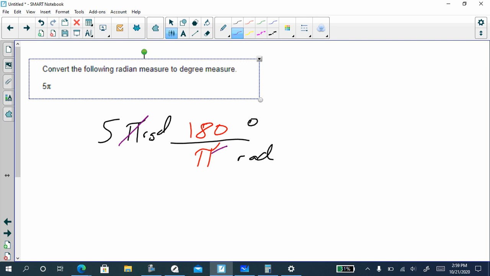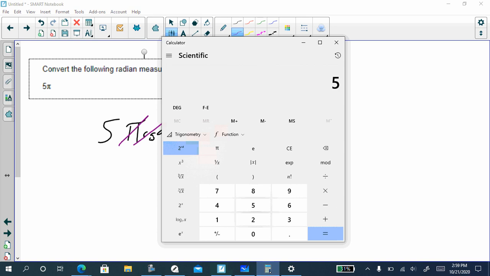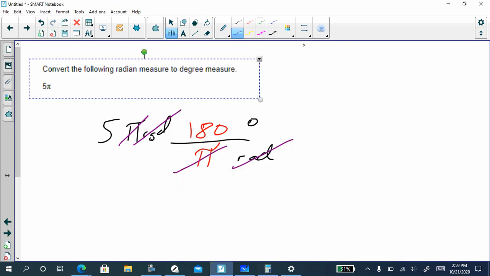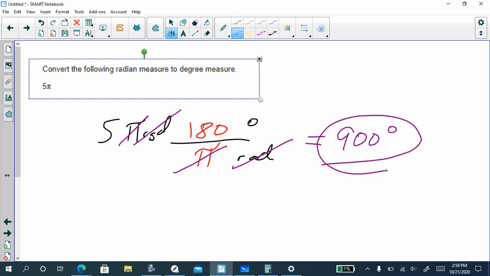Notice the pi's cancel and the radians cancel. So we're left with 5 times 180, and the units will be degrees. So that would be 900 degrees. So just using the relationship that 2 pi is 360, or pi radians and 180 degrees are the same.